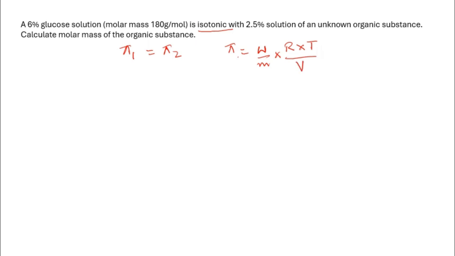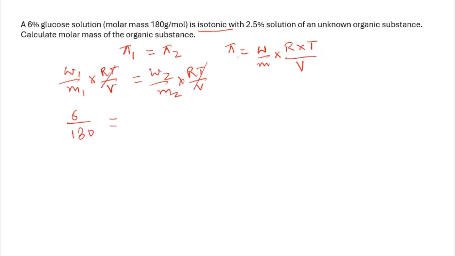So changing this formula for pi 1 and pi 2, we can write W1 by M1 into RT by V equals W2 by M2 into RT by V. RT by V is the same for both solutions. W1, which is the mass of glucose taken, is 6 gram, and the molar mass of glucose is 180 gram per mole.